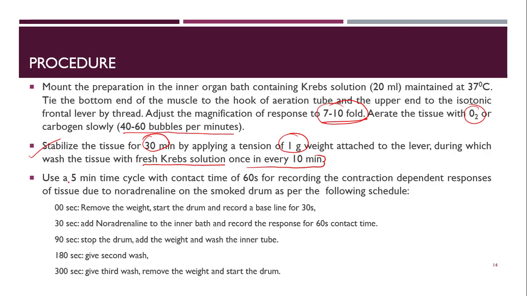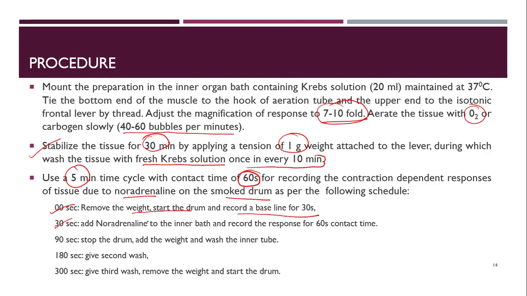So we have to use a 5-minute time cycle with a contact time of 60 seconds for recording the contraction dependent responses of the tissue due to noradrenaline on the smoke drum as per the following schedule. At 0 seconds we remove the weight, start the drum and record the baseline for 30 seconds.